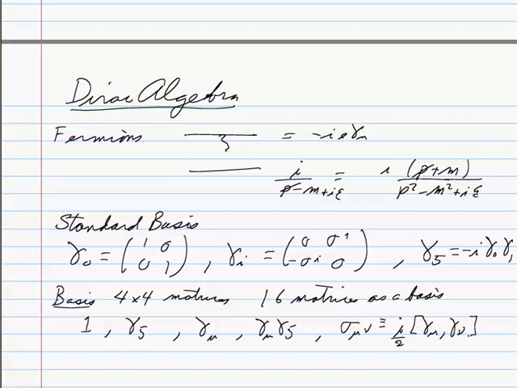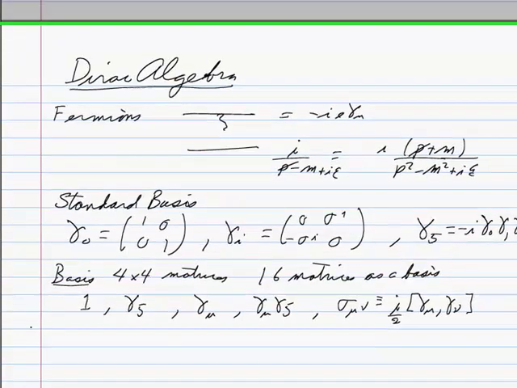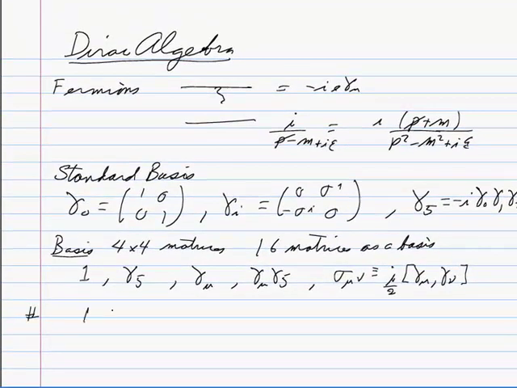Okay, so let's just quickly do the counting. The numbers of these, clearly there's 1 plus 1, 4 plus 4, so up to 10 there. The sigma mu nu's are anti-symmetric, so there's 3 of them that are of the form 0i.